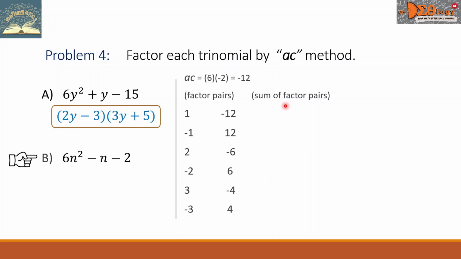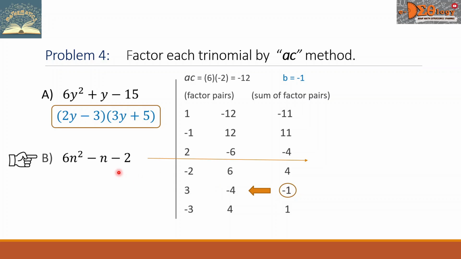Now we take the sum, and we have -11, +11, -4, +4, -1, +1. Considering the value of b, which is -1, we found the -1 to be here. That corresponds to the factor pair 3 and -4.